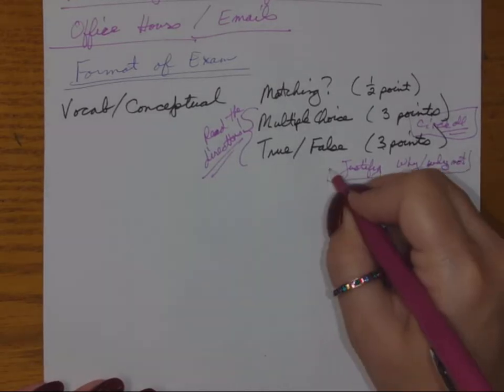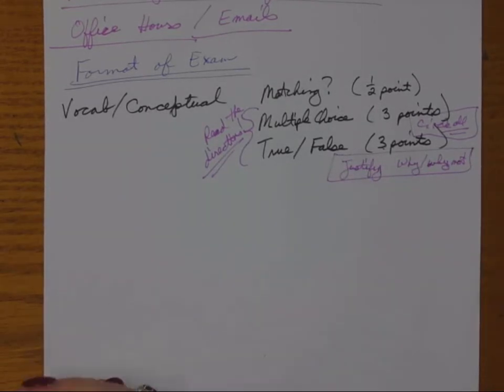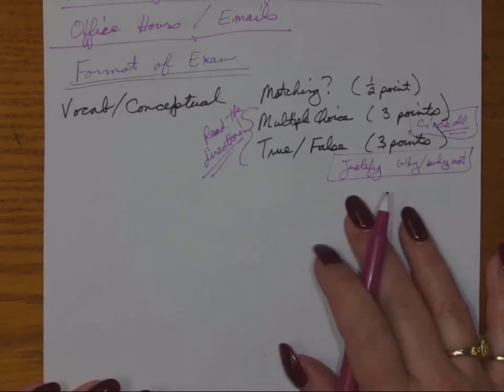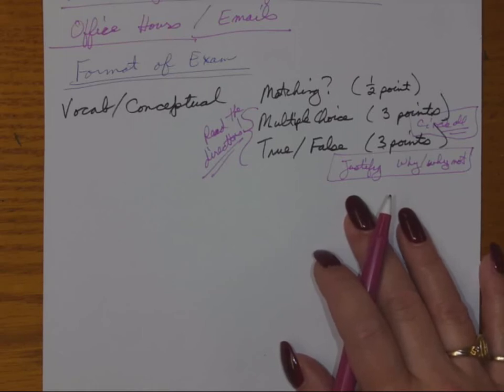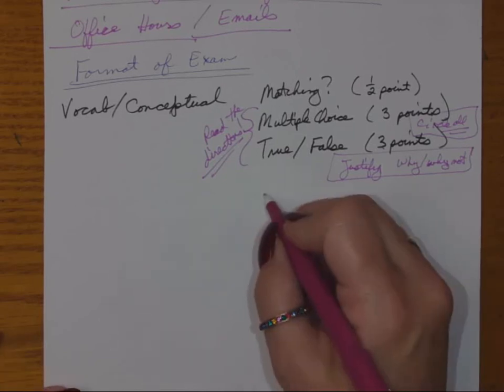Now, on a true-false question, if it's false, let's say the statement is: in a census, the researcher will gather a sample of the population to survey. Well, that's not true. A census surveys every member of the population. So for false, you can rewrite that and correct it.